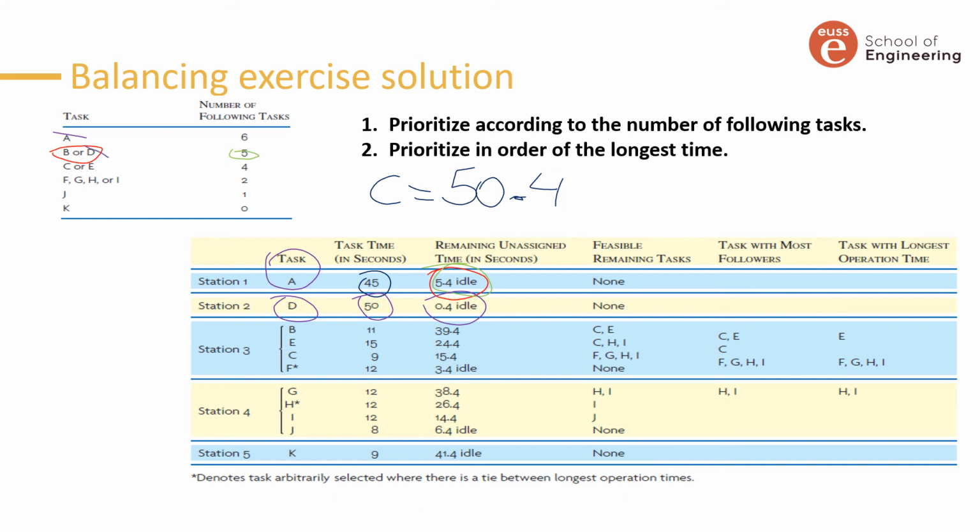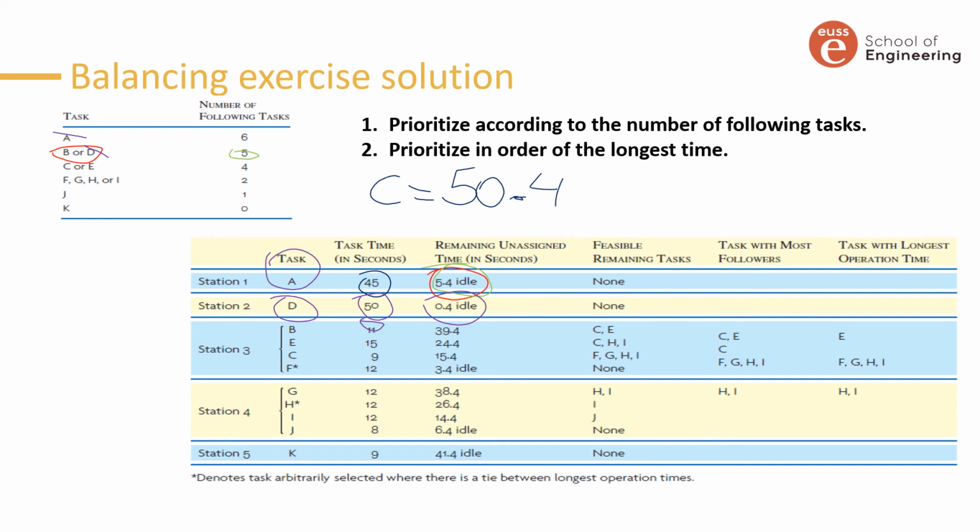Let's continue. The next one, still unassigned, is task B. Okay, the task B with five following tasks. Okay, and the task time 11 seconds. So as you see here, guys, if I assign task B, what happens?